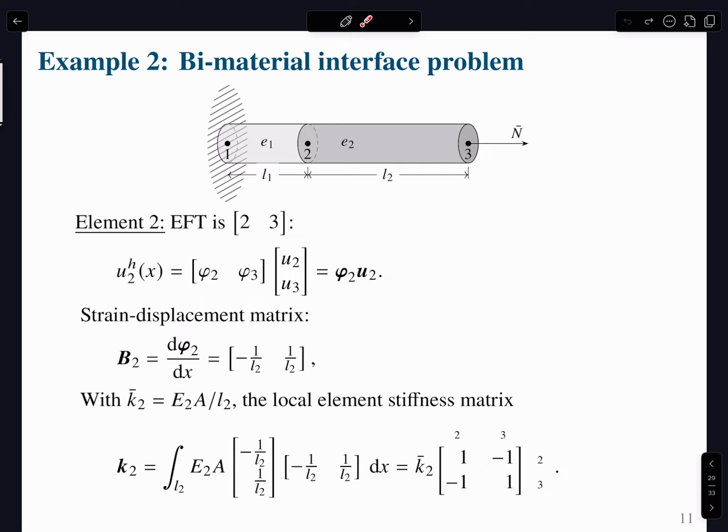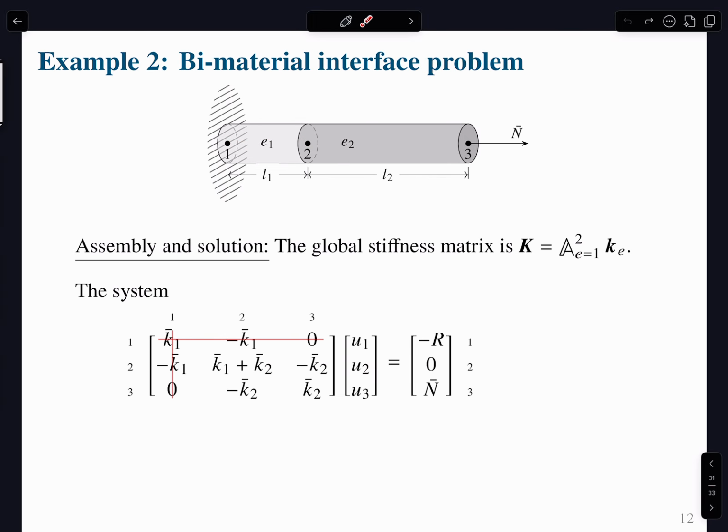So now I see that my 2, 2 location is important because since I have one shared node between these 2 elements, this 2, 2 location is going to receive a contribution from this element and also from that element. And so when we apply the assembly procedure, now we know that that element is shown there.